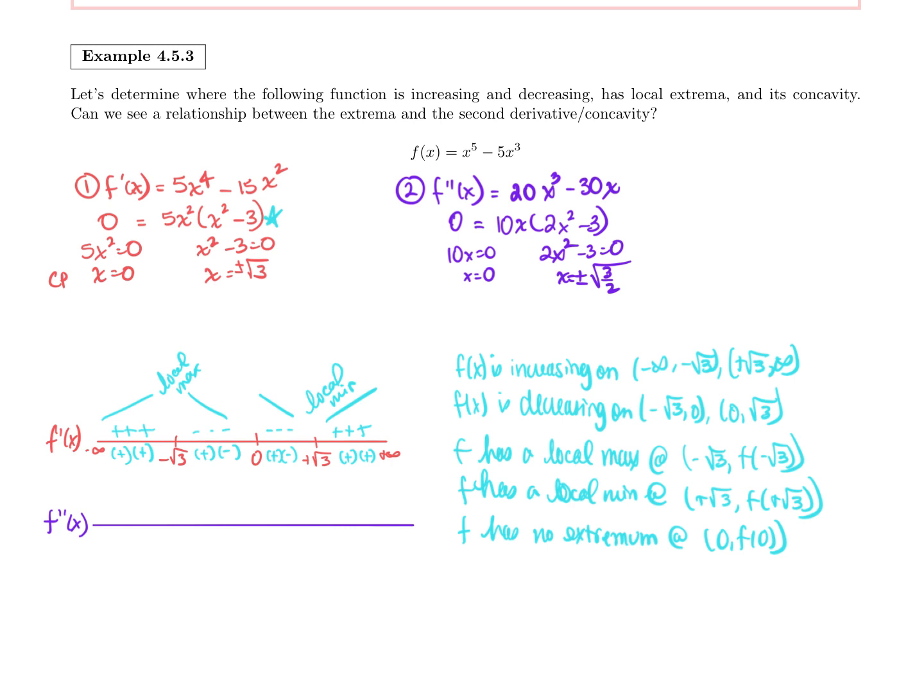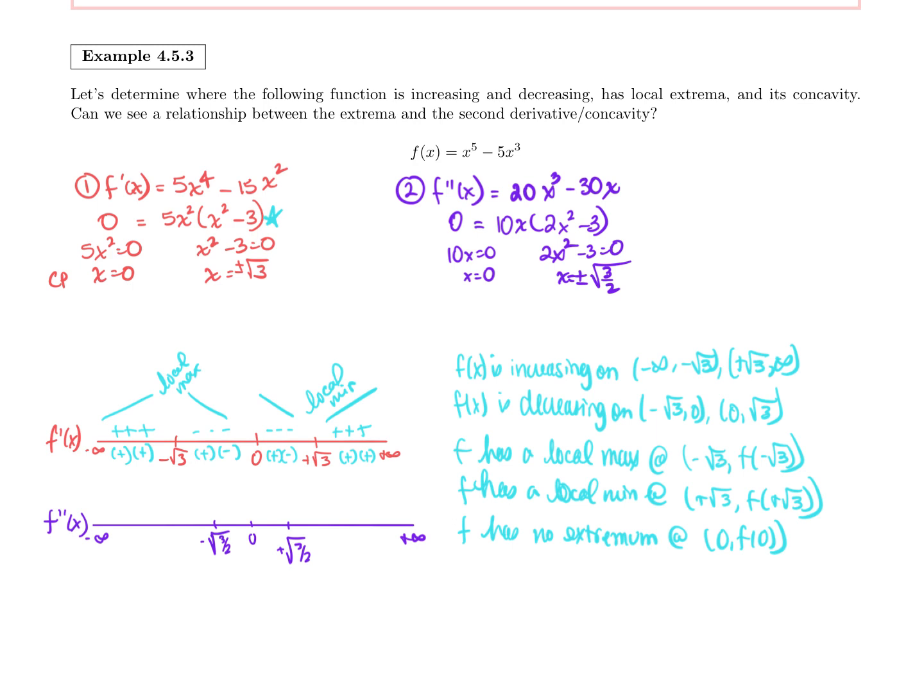So we've got a root of 3 halves and a negative root of 3 halves to throw in here. So negative root of 3 halves here, a positive root of 3 halves here. And we again have x equals 0. So 0 is in here again. And then the rest of it is positive and negative infinity.